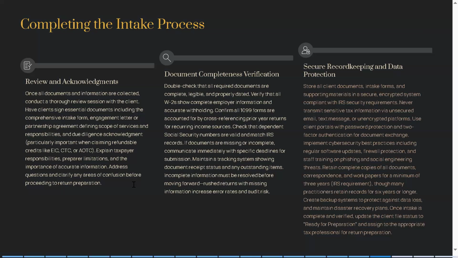People will submit documents, and a lot of times it's not intentional, but they're just trying to hurry up and get filed, and they may give you a 2023 or a 2024 tax document in 2025. So always check what form you are completing and whether it's for the year that you're actually filing for.